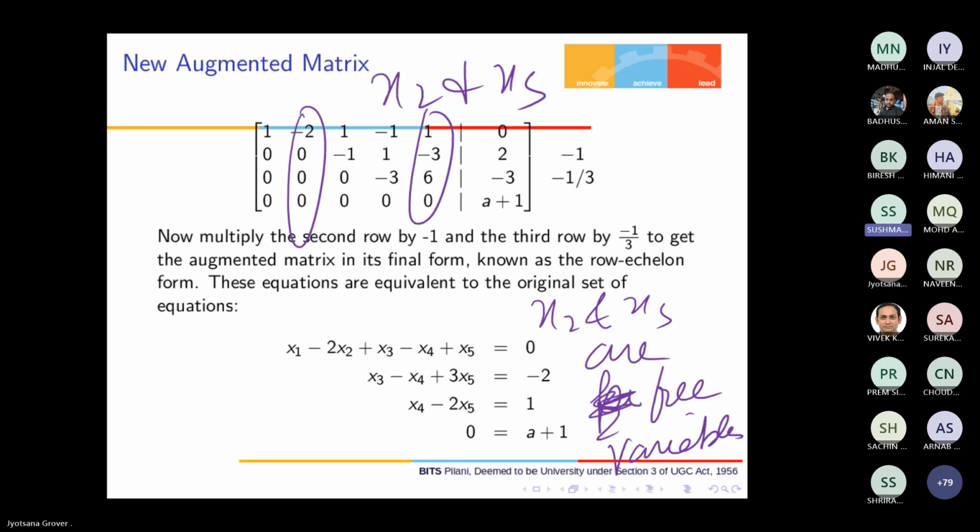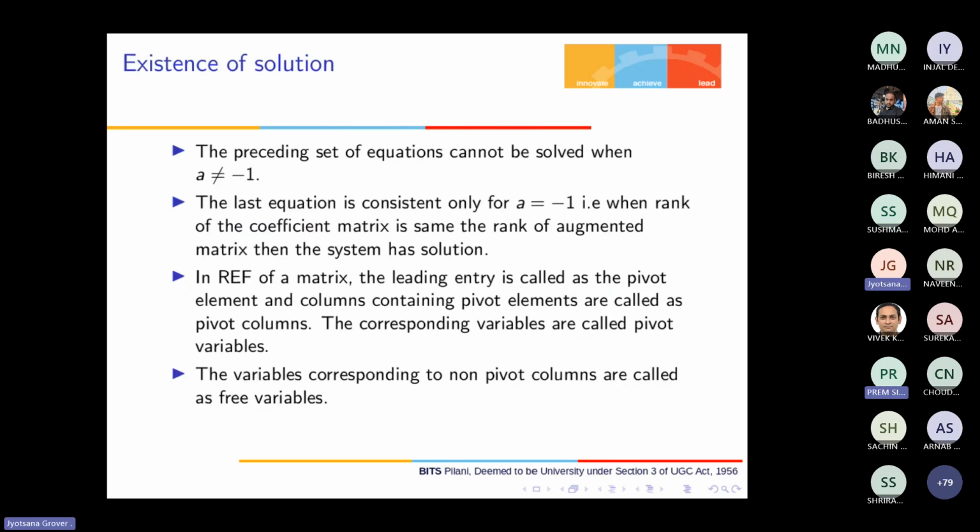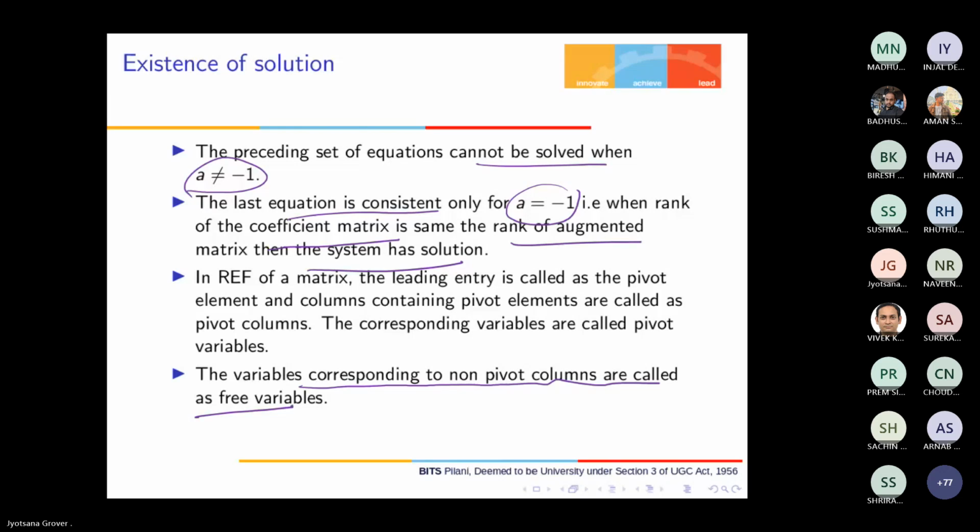Okay, now this slide just summarizes what we have said. The system of equations is consistent only when A is equal to -1, when the rank of the coefficient matrix, that is rank of A, is the same as the rank of the augmented matrix. This we have seen. The variables corresponding to non-pivot elements are called free variables.